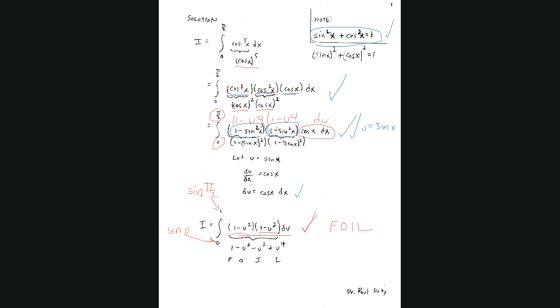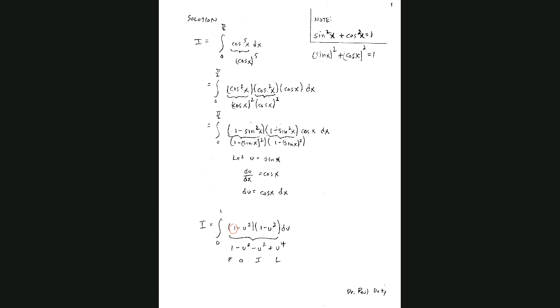Okay. Are there any questions? So FOIL: first, outer, inner, last. The 1 comes from multiplying the first terms, 1 and 1. The outer minus u squared comes from multiplying the minus u squared on the outside times the 1 on the outside.